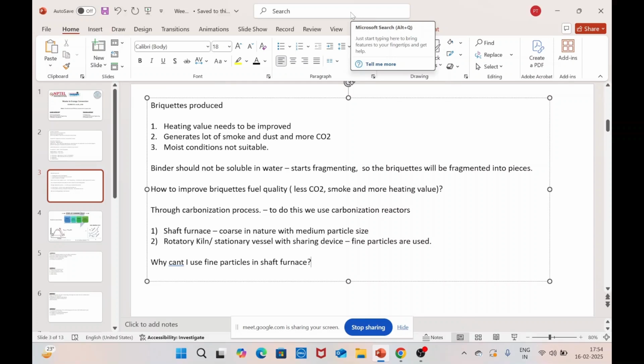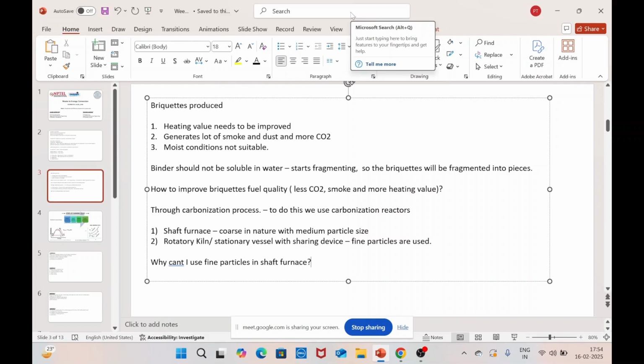Fine particles are less dense, right? So when you feed in the fine particles, the pyrolyzed gas is already traveling up, and then you will be feeding in these fine particles.